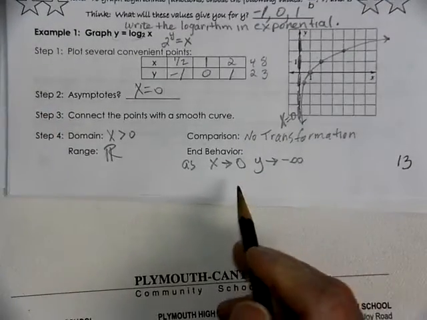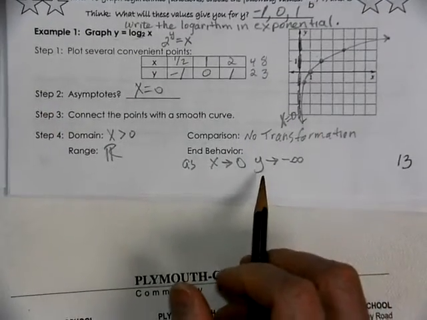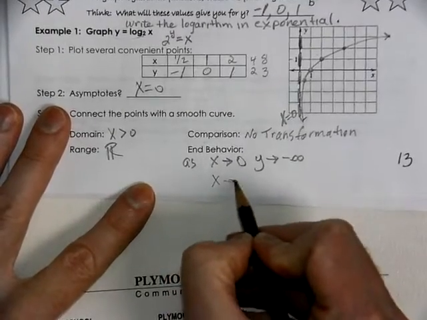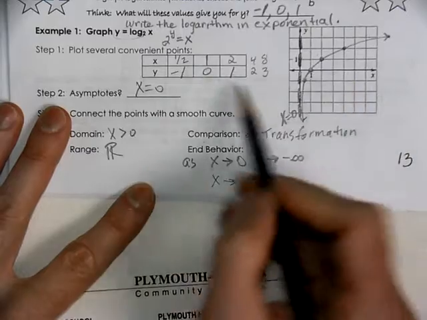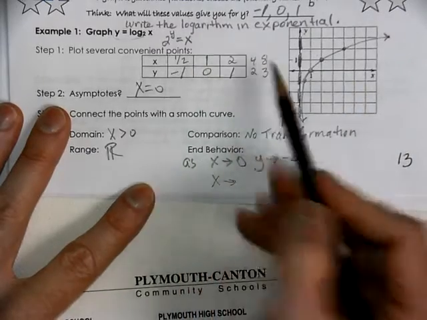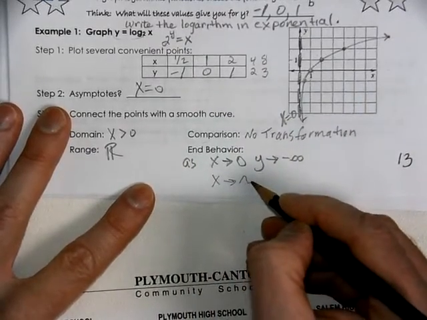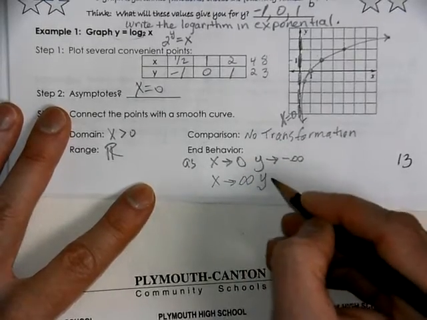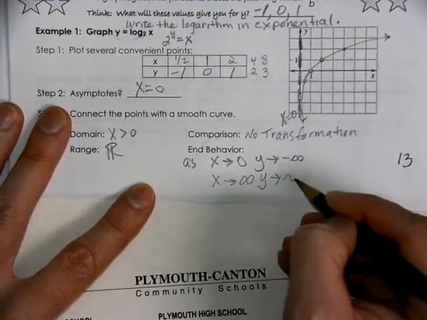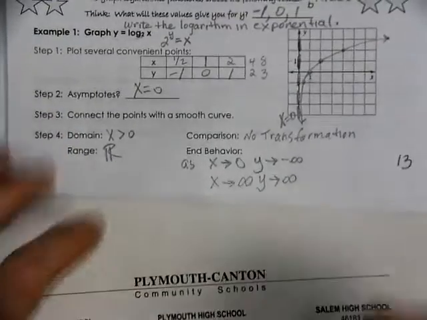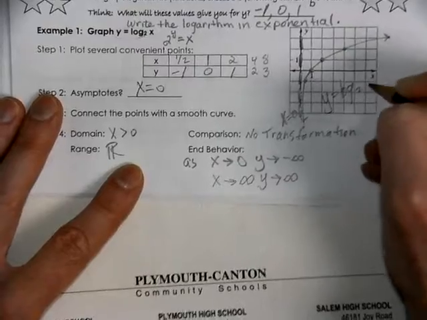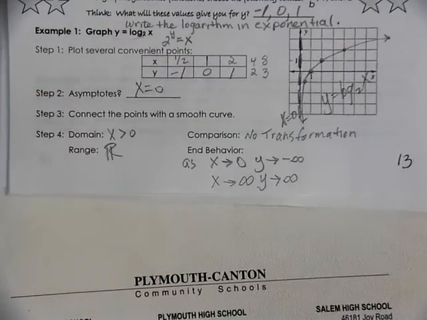The closer we are to 0, the further down the y value goes. As x moves to the right, notice that there's no limitation to what the y can be. So the x would be infinity to the right, and the graph would slowly start to climb. So we have our graph of log base 2 of x.